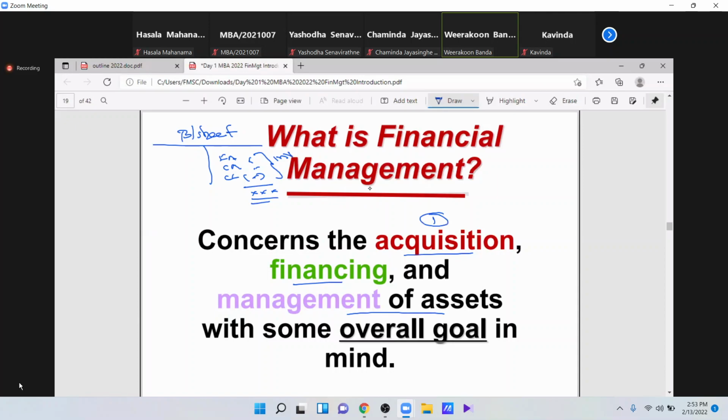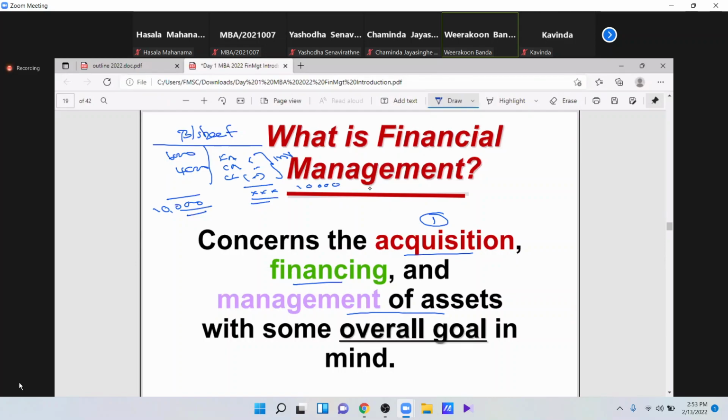Then the other one is financing. If you decide the total investment requirement, say a 10 million rupee requirement, then on the other side you need 10 million rupees of financing. For this investment requirement, you have to have 10 million rupees of finance. Then you can decide on 6 million rupees of owner's capital and 4 million rupees of debt capital.